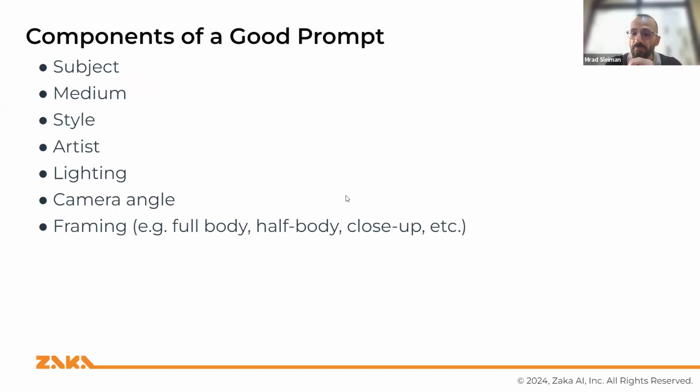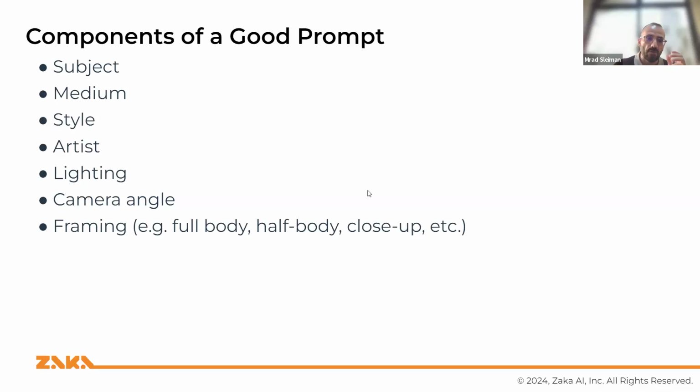Components of a good prompt. This is not obligatory in every prompt, but if you want to design your prompt, it's a good habit to divide it into components. If you break it down into these components, it's going to be easy for you to design your prompt. You need to specify the subject, the medium, the style, the artist, the lighting, camera angle, and the framing.